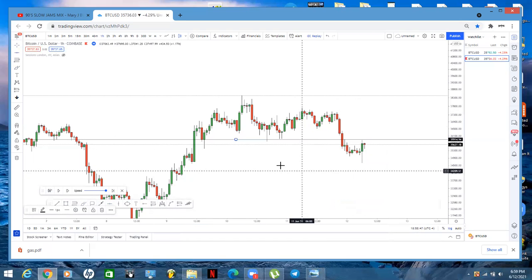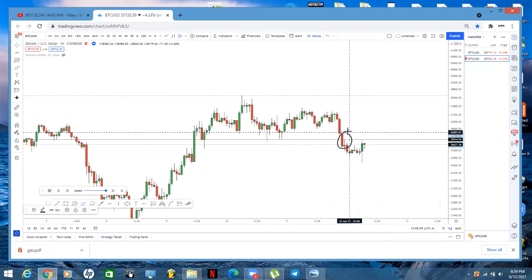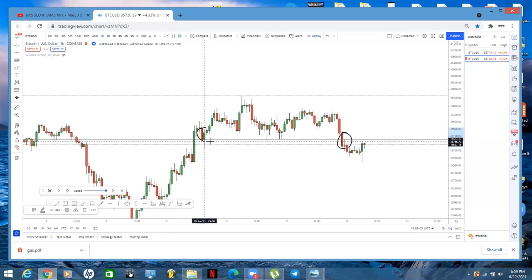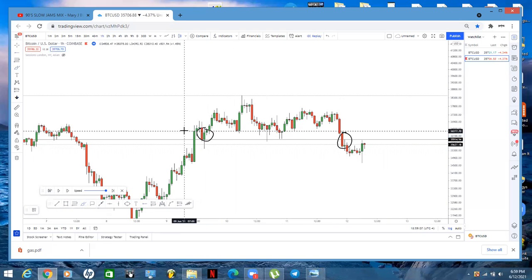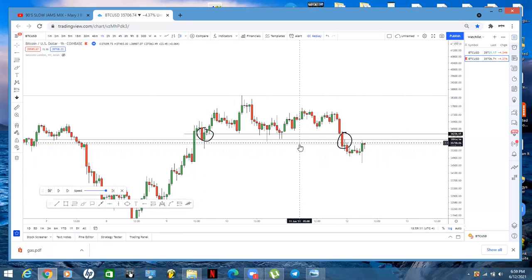Notice how it was respecting this order block at first for these pushes off, and then this candle right here was the actual candle that broke the order block. So we know that this was a bank move candle and this was a bank move candle.